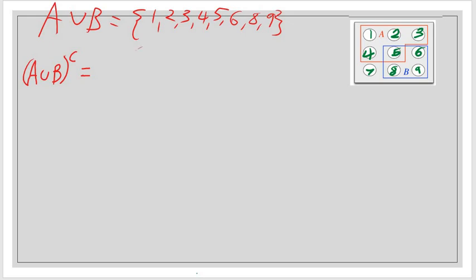So our complement here is simply 7. Okay, so that's the complement.